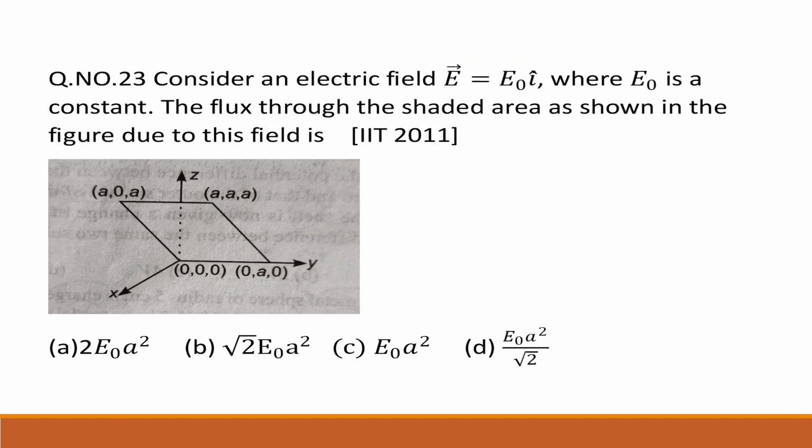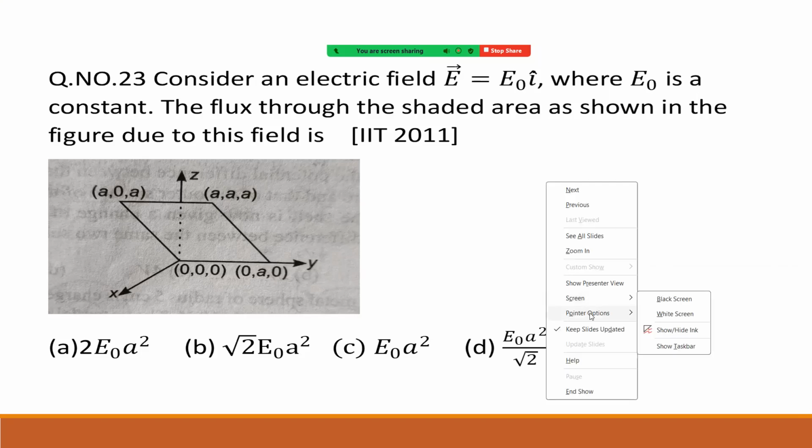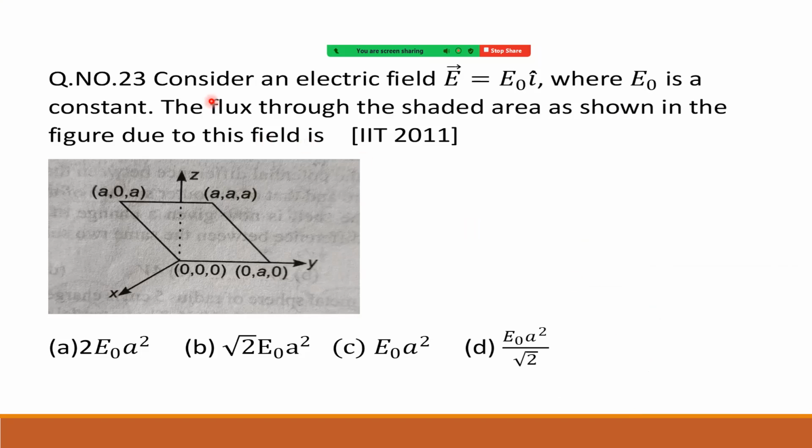See first one, let's see what is given. Consider an electric field E bar equal to E naught i cap, where E naught is a constant. The flux through the shaded area as shown in the figure due to this field is.